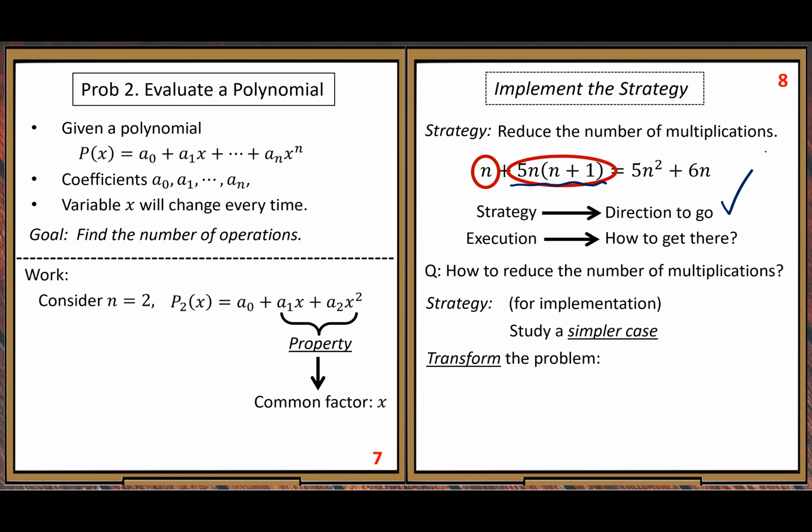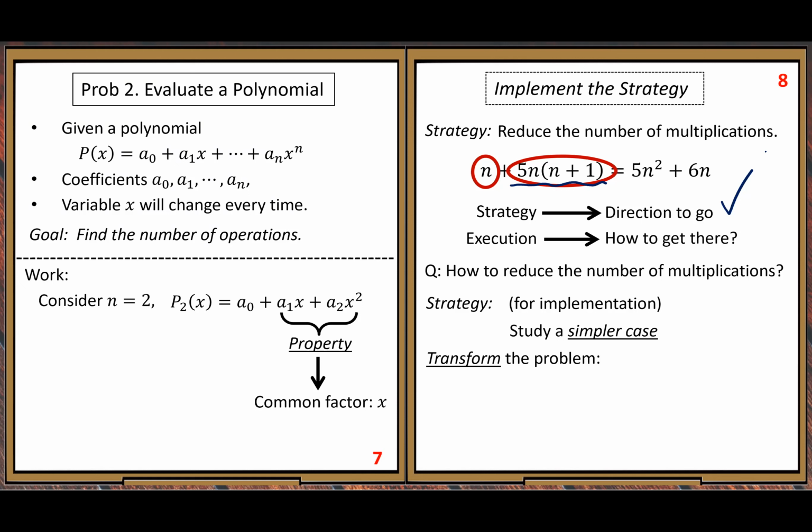So here, when we do that, basically we transform the problem. We change the form of the problem. The value has no change. Same value with different forms. But the result will be different, because when you change the form, you change the structure. When you change the structure, you have different properties.